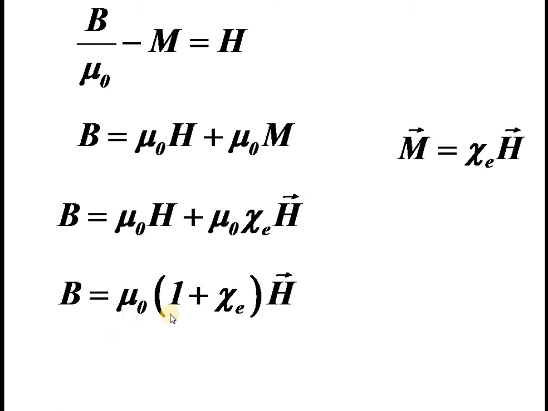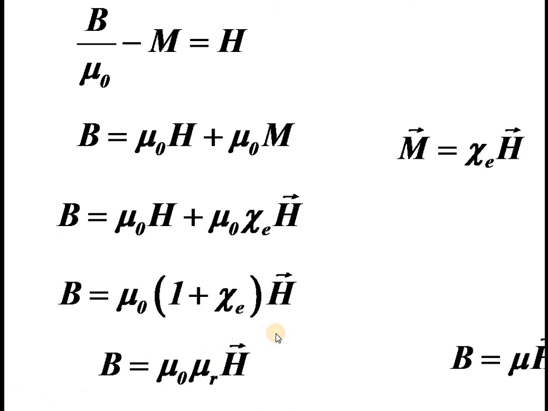This 1 plus chi M, we call it relative permeability or relative magnetic permeability. You notice a new term, mu r, where mu r is equal to 1 plus chi M. And when you multiply mu 0 and mu r, what we get is called absolute permeability, denoted with mu.